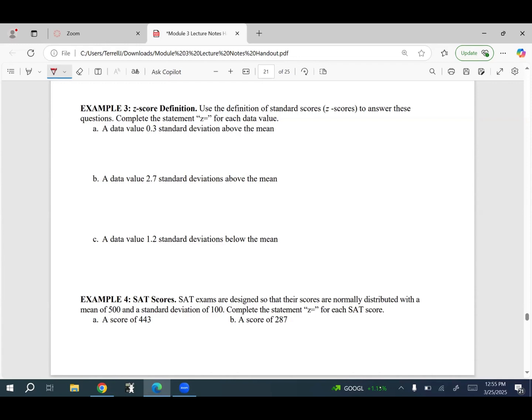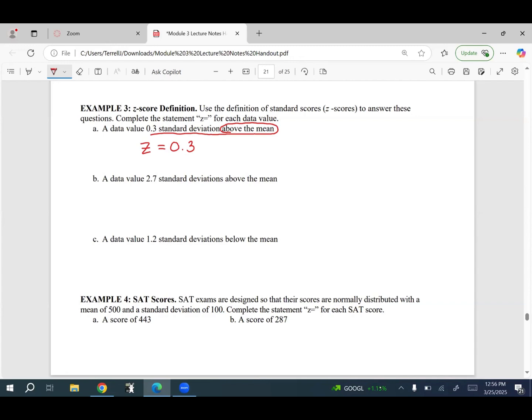A z-score tells you how many standard deviations away from the mean a data value is. So even if we don't know the data value, if it says it is 0.3 standard deviations above the mean, we can say our z-score is 0.3, and it's positive because we are above the mean. We are to the right of the mean.